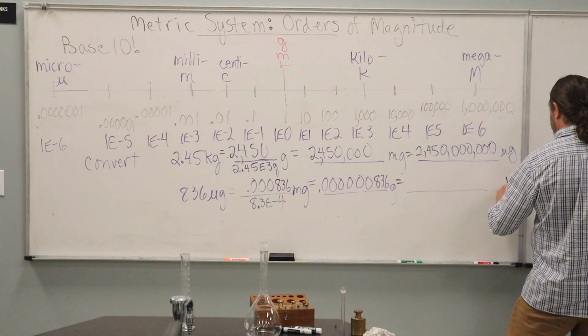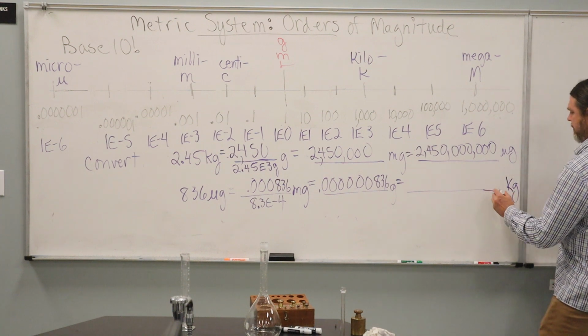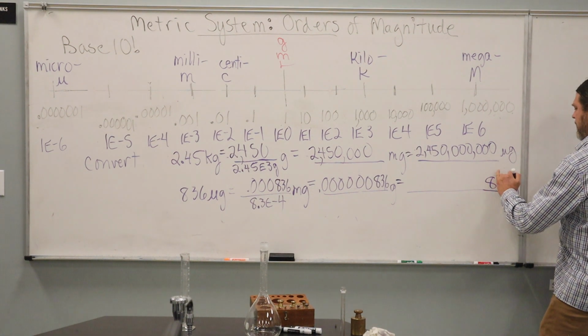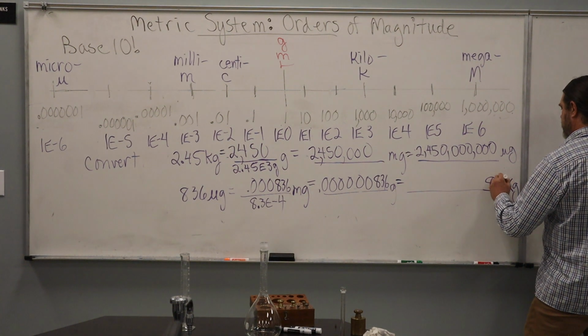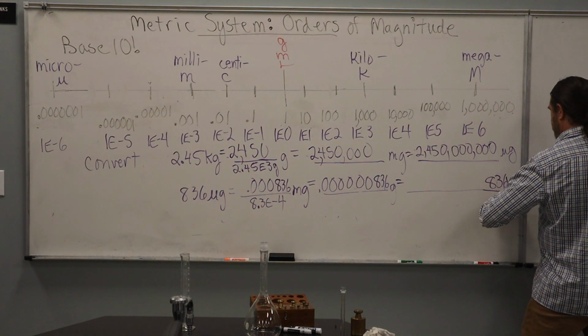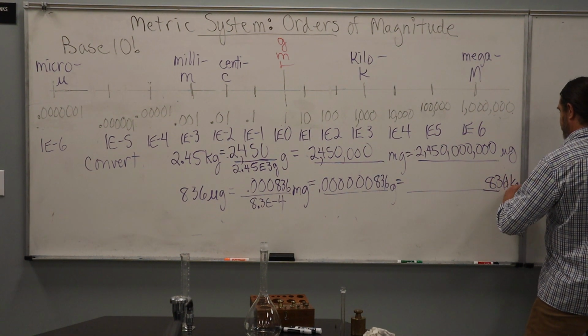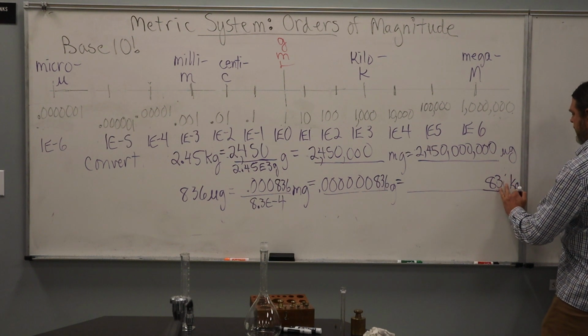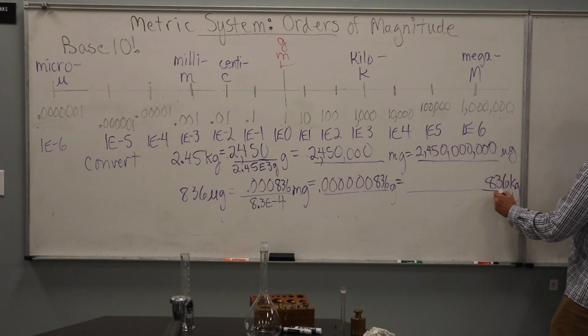So let's go ahead and do that, and I'm going to have to adjust here to fit everything. 8, 3, 6. Kilograms here, 8, 3, 6, and let me clean up this sloppy 6 here.